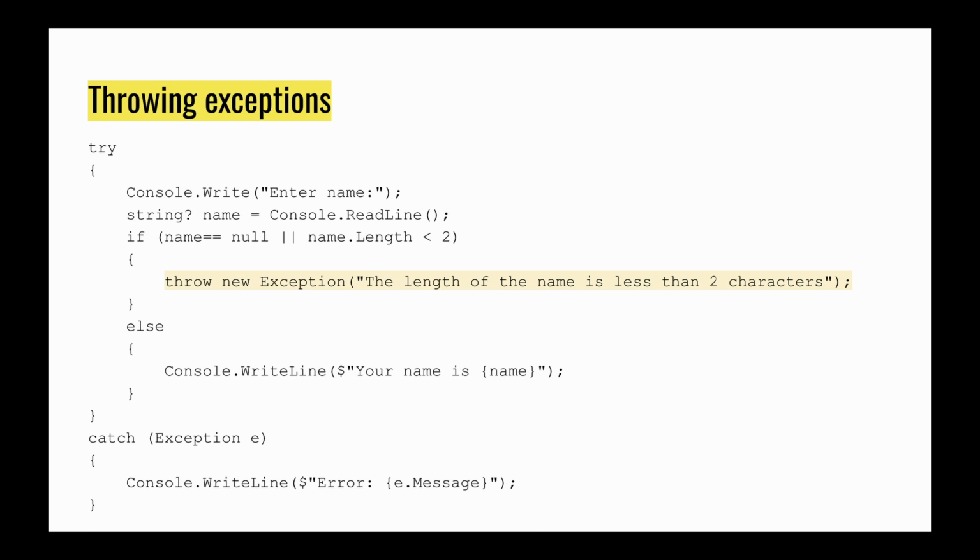For example, our program is entering a username, and we want to throw an exception if the username is less than 2 characters long. After the throw operator, an exception object is specified, through the constructor of which we can pass an error message. Naturally, instead of the Exception type, we can use an object of any other exception type. Then, in the catch block, the exception we generated will be handled. Similarly, we can throw exceptions anywhere in the program.